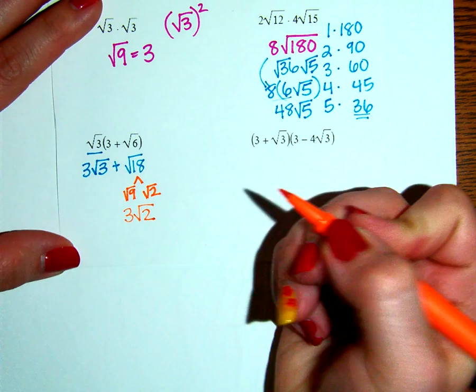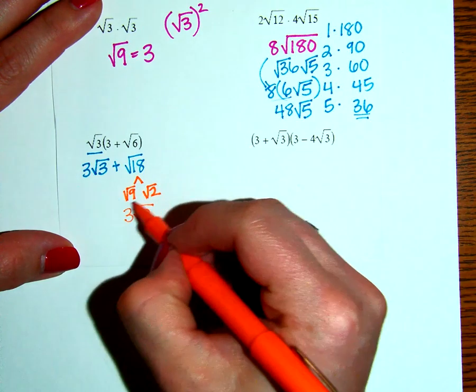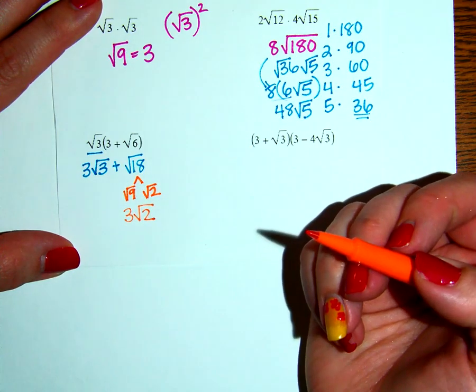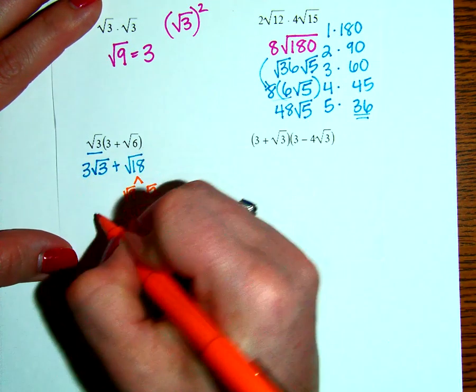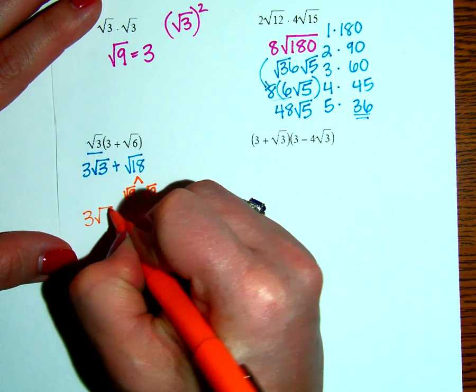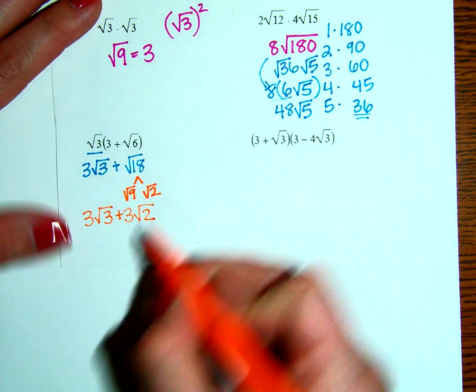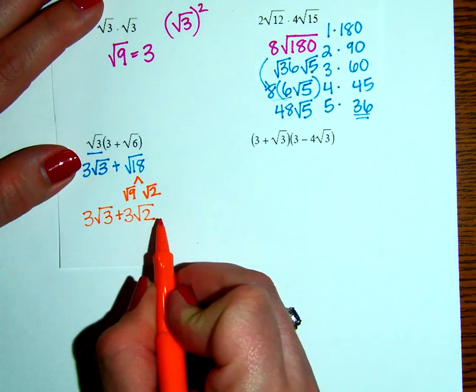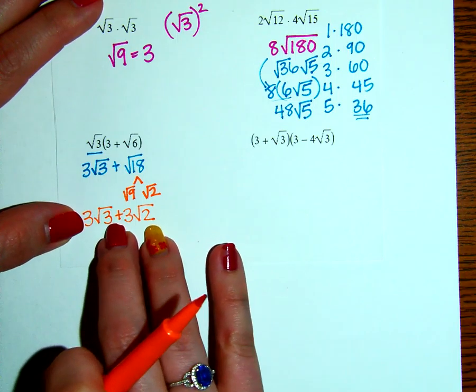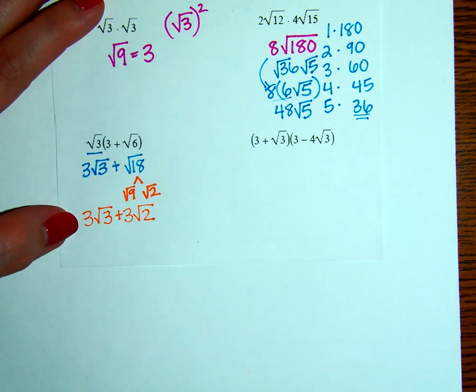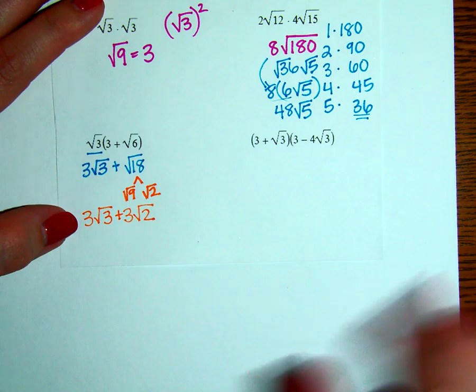Why is it turning into a 3? Because I'm simplifying the square root of 9. So the square root of 9 would become 3. And then I'm just going to bring that 3 square root of 3 down. Can these two terms come together? No, because my radicals are not the same, so that would be my final answer.